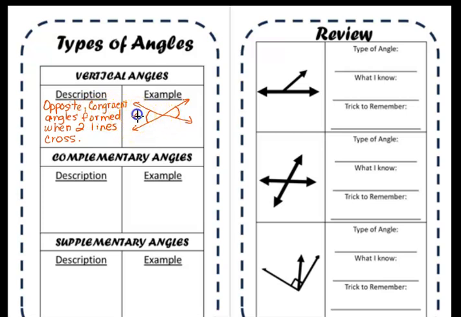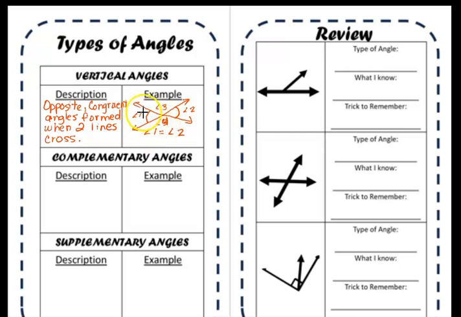So if we named this one angle 1 and this one angle 2, we would say that angle 1 equals angle 2. Now we also know that angle 3 and angle 4 are also congruent to one another. Okay? So 1 and 2 are congruent and 3 and 4 are congruent.